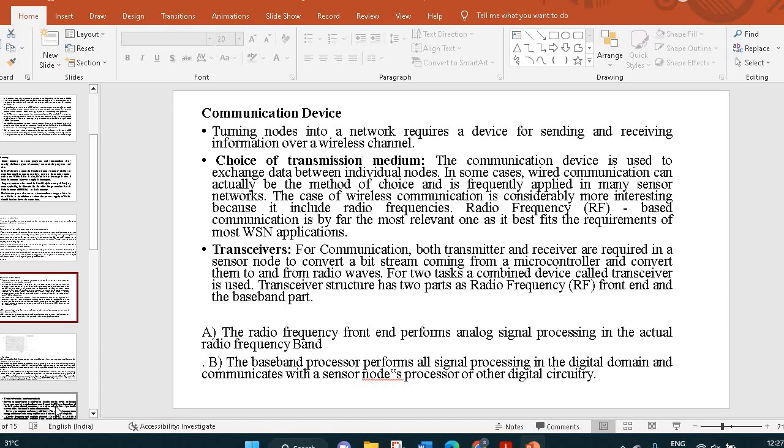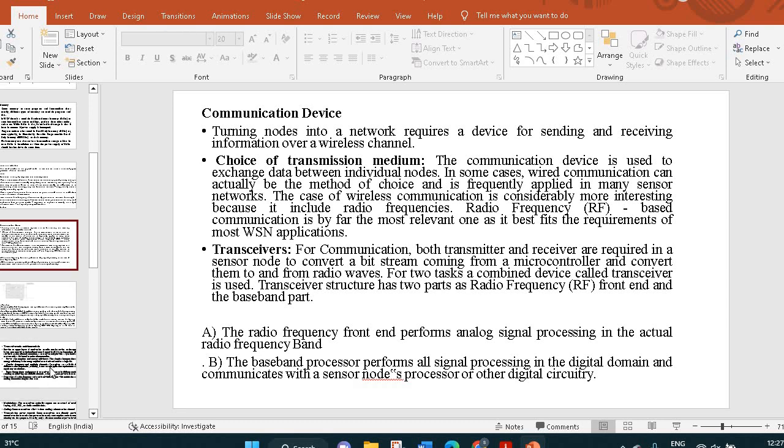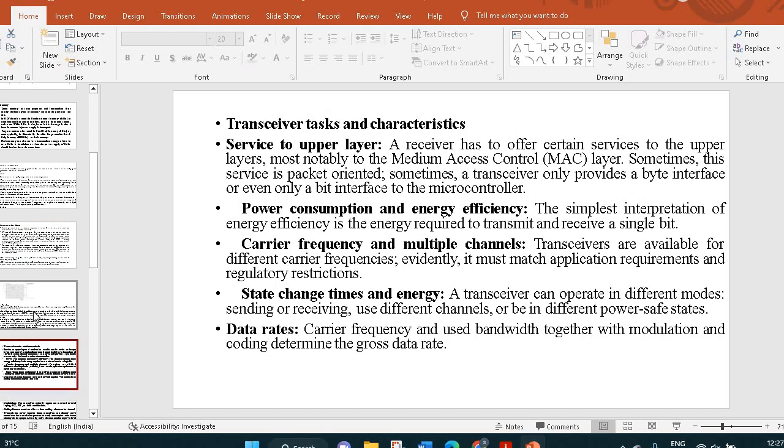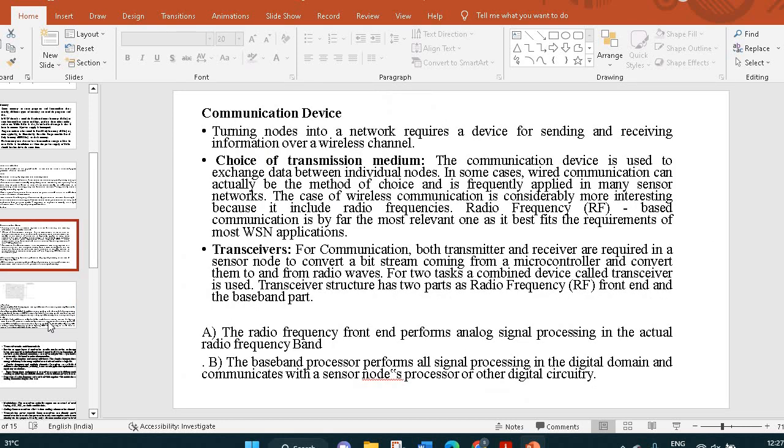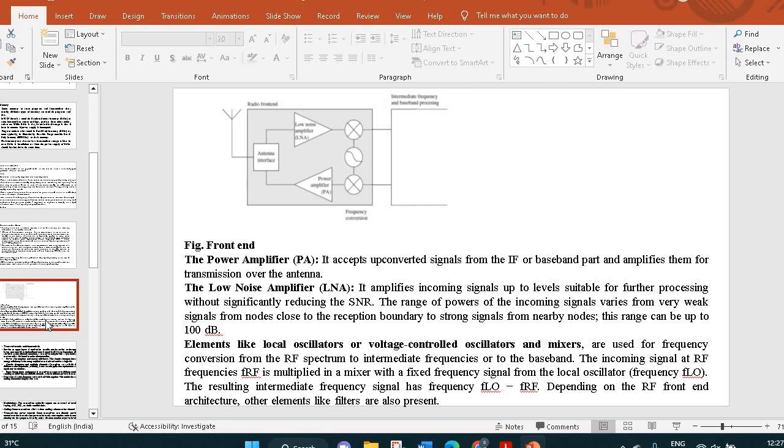The radio frequency front end performs analog signal processing in the actual radio frequency band. The baseband processor performs all signal processing in the digital domain and communicates with the sensor node's processor or other digital circuitry. Figure shows the front end.